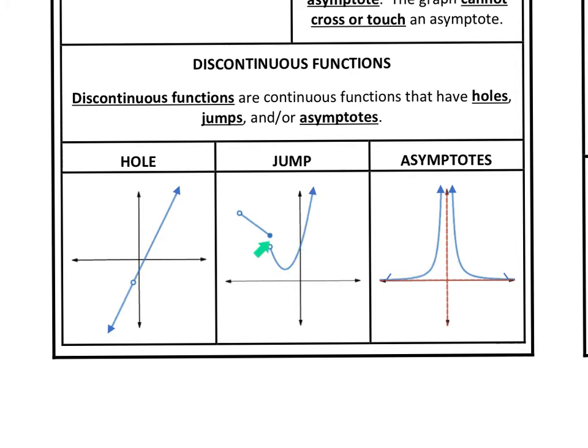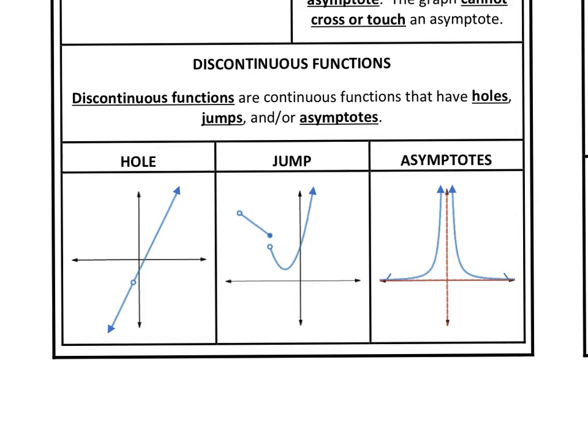But if you notice, there's a small gap here where the 2 pieces are not touching. And this gap we call a jump. So this is an example of a discontinuous graph. What type of discontinuity does it have? It has a jump. It's discontinuous because there's a jump. This one's discontinuous because there's a hole.